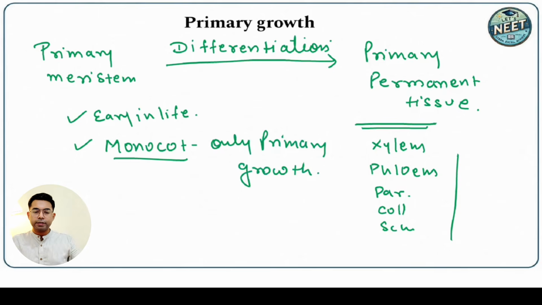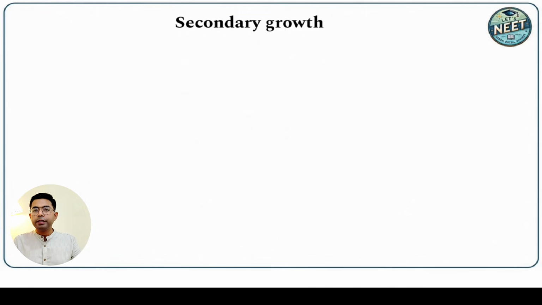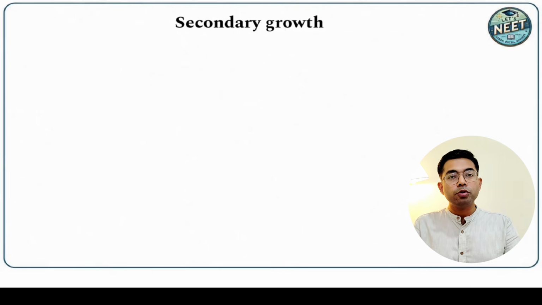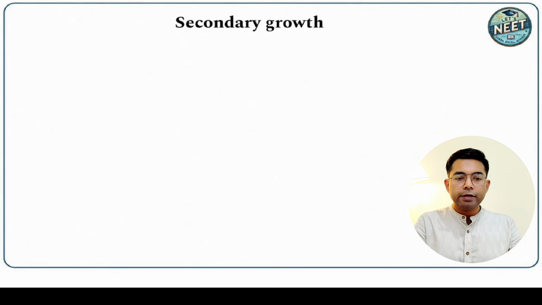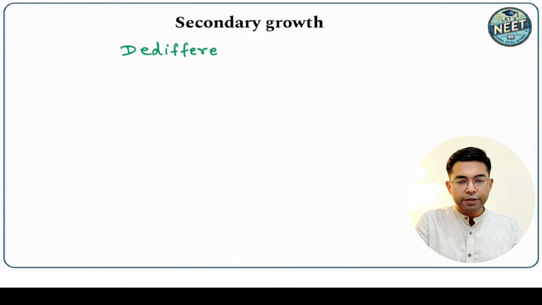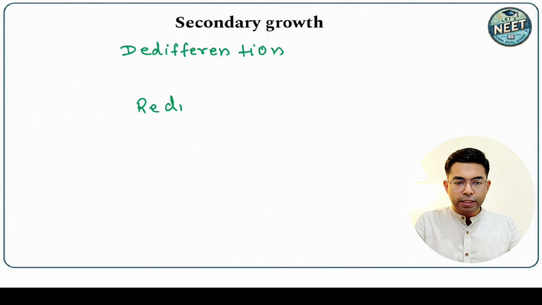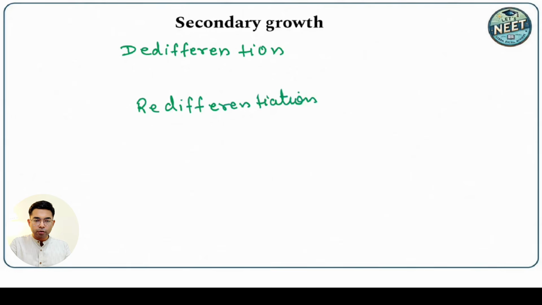Then if we see secondary growth, again I am repeating, secondary growth in detail we don't have to study, but yes, you should know the basics of it. So can I say that for secondary growth you need dedifferentiation, and you also need redifferentiation. Without dedifferentiation and redifferentiation, there is no secondary growth.